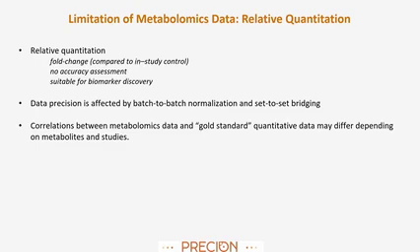One is the internal standard, so you can normalize matrix effects, batch-to-batch variations, and many subtle sample-to-sample differences. The other is titration curves.